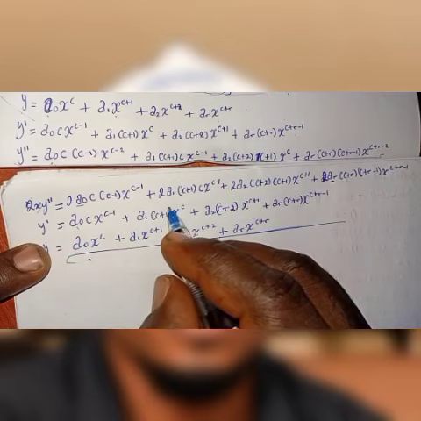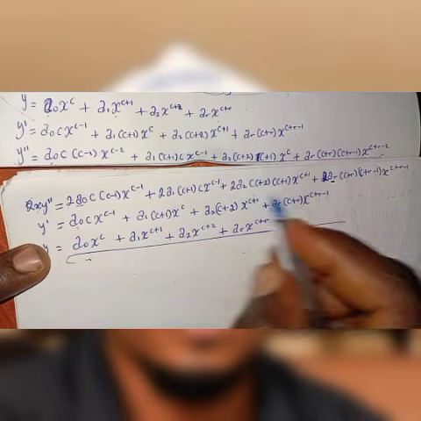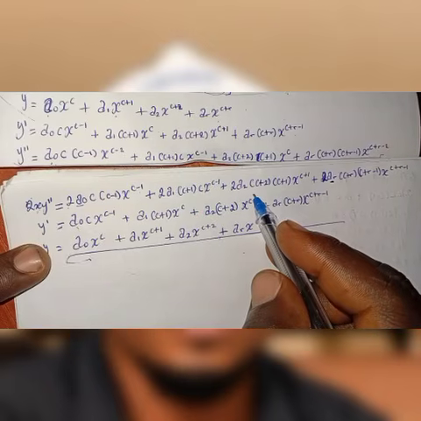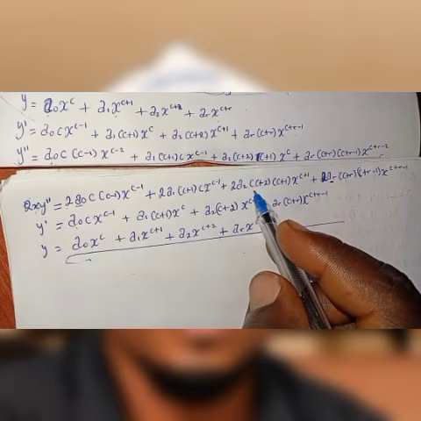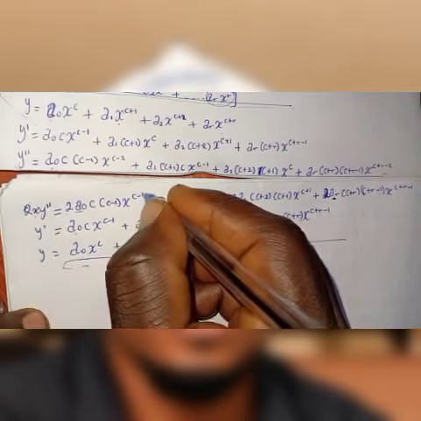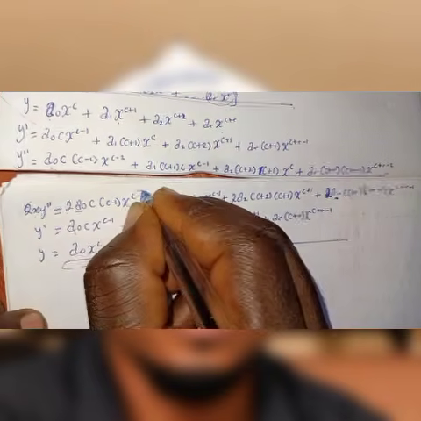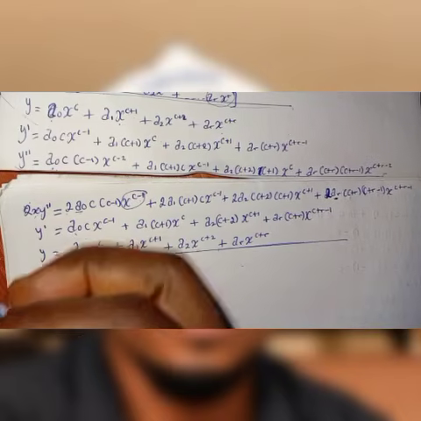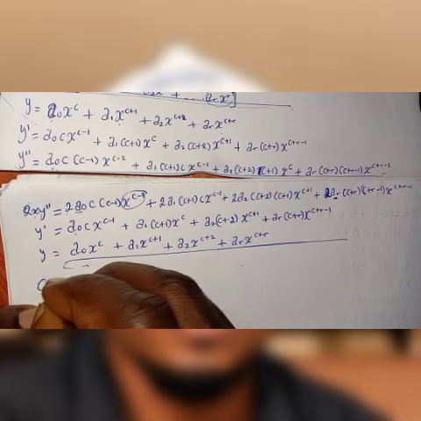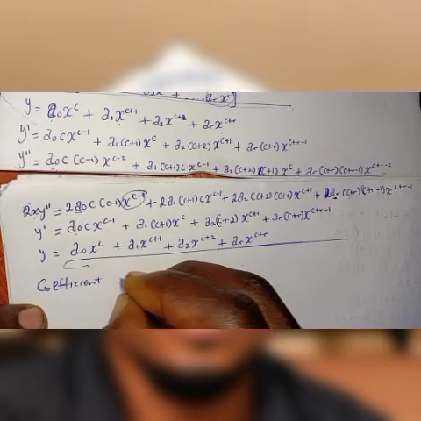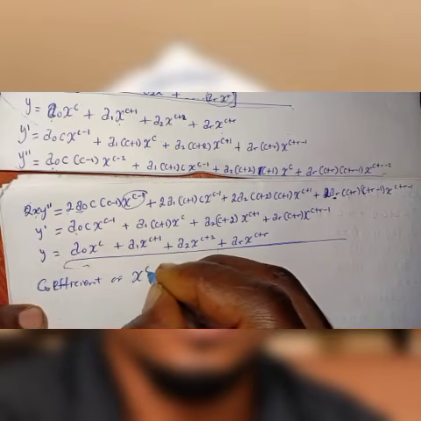So you can find a1, you can find a2 too, but ar can give you a1, a2. So let's go. Now from this first one, which is for the a naught, the least power of x is x raised to power c minus 1. So let's find the coefficient of x raised to power c minus 1.